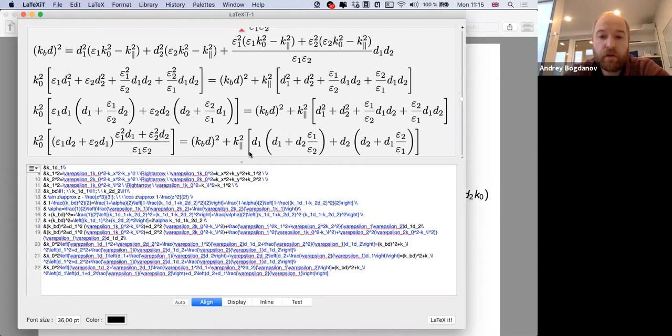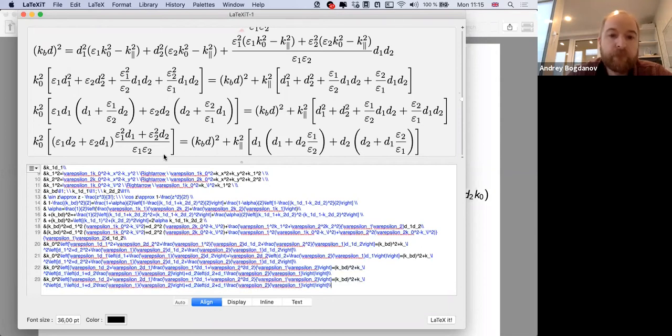I can write this as a single fraction, yeah? And I will have epsilon 1 d1 plus epsilon 1 d2 plus epsilon 2 d1, yeah? K parallel square.